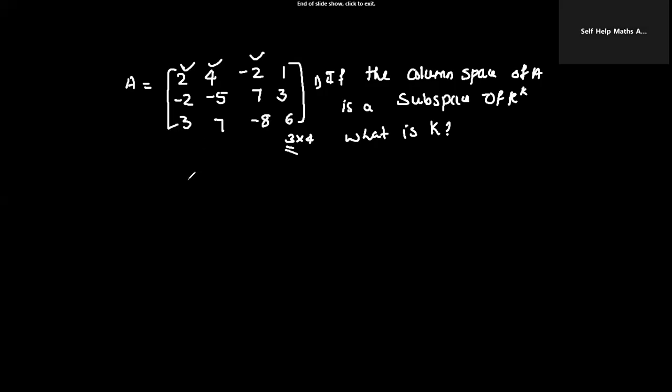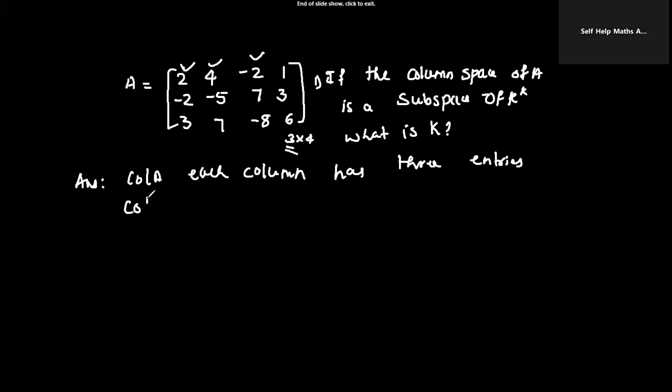So each column has 3 entries, which means the column space of A is a subspace of R3.